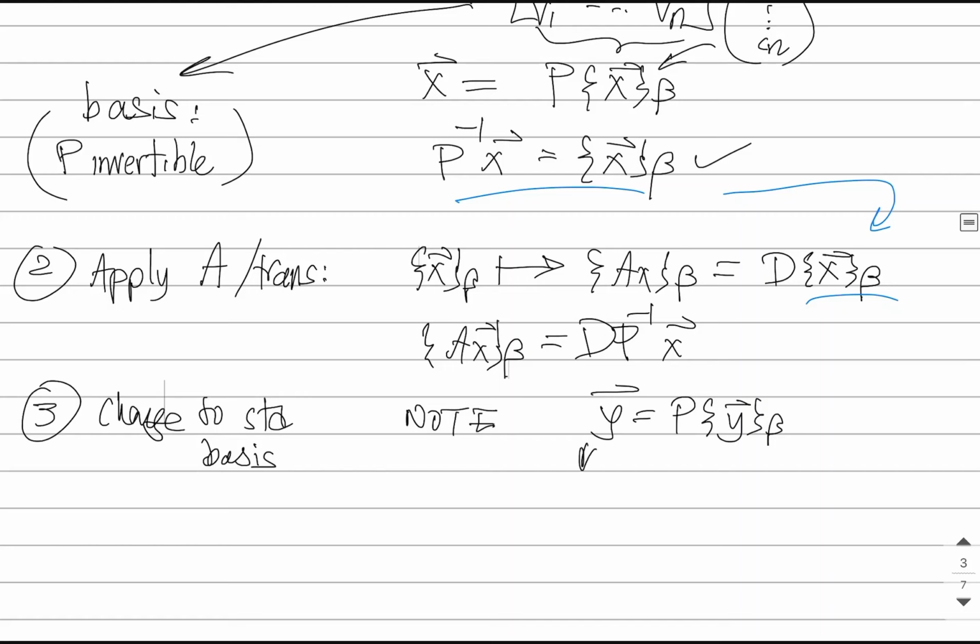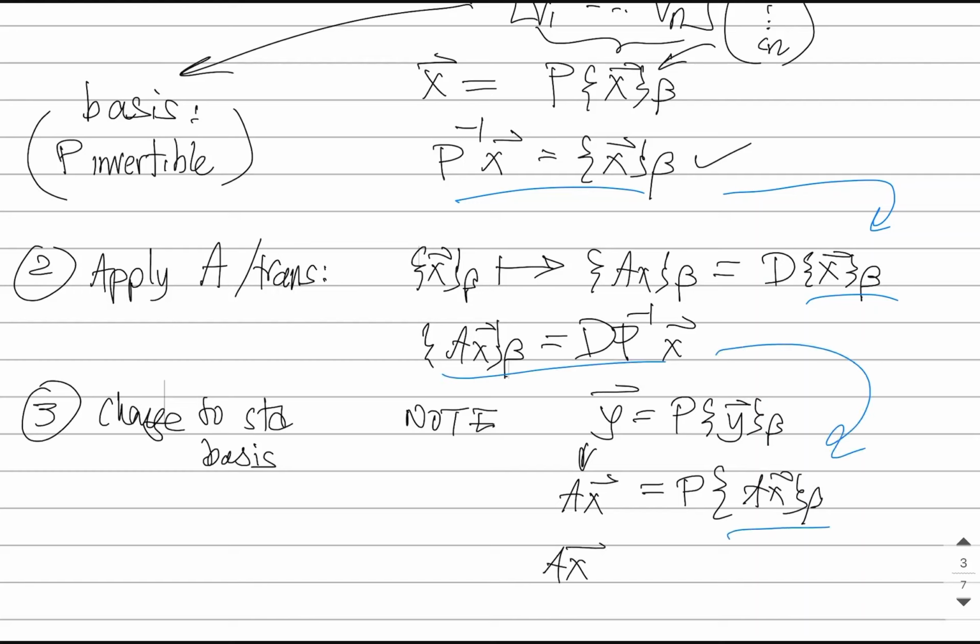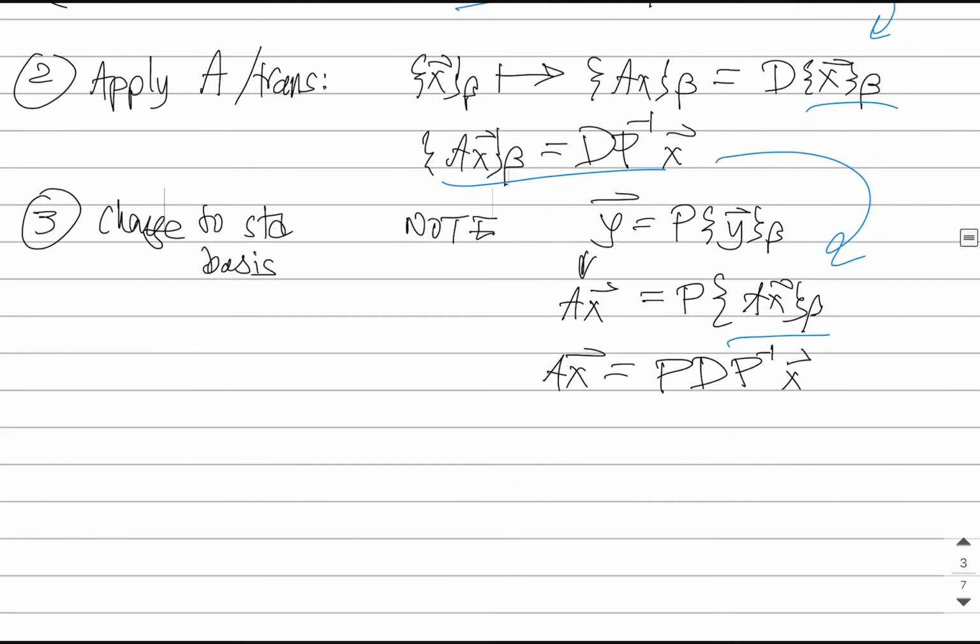So if the vector that I want is AX, then it should just be this change of basis back, and then I would put this AX in there. Well, I'm now going to take this result, put it in right there, and I will come up with this final representation. I'll have P, D, P inverse times X.